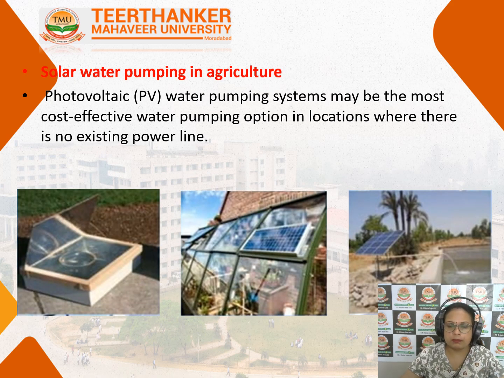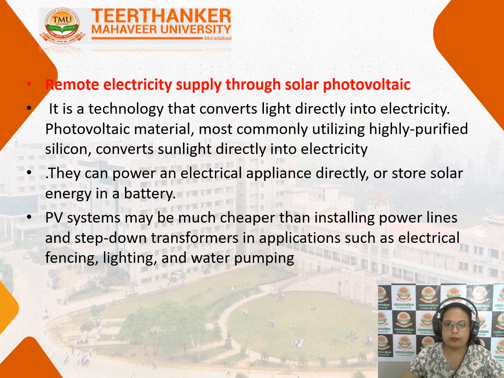Next is the solar pumps. As you can see in the third picture, the solar pump is fitted with a solar panel. The solar panel generates electricity, and with the help of that electricity the pump can work and pump the water. Solar pumps are now available in the market and farmers are using them. The next important application is the solar photovoltaic system.